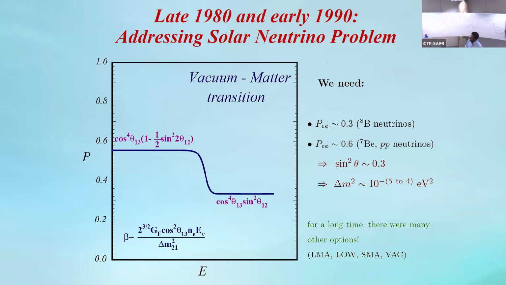But KamLAND is the experiment which completely disfavors this scenario. After the SNO result, all other hypotheses were ruled out, then still these two hypotheses were there, and then the KamLAND result completely ruled out the magnetic one.